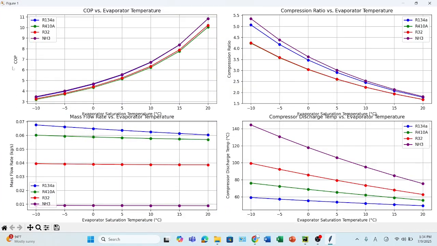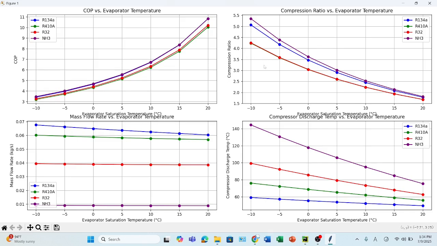So here you can see the first plot is the COP for different refrigerants with increasing evaporator temperature, which we have discussed in our previous video. Here is the compression ratio plot, and you can see how the compression ratio decreases with evaporator temperature. The compression ratio, as you know, is the condenser pressure divided by the evaporator pressure.